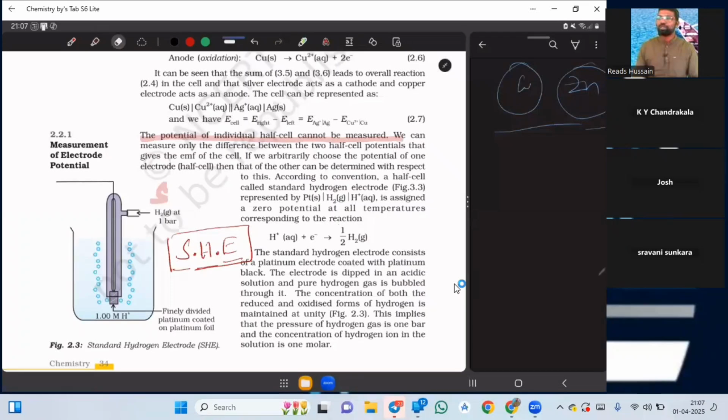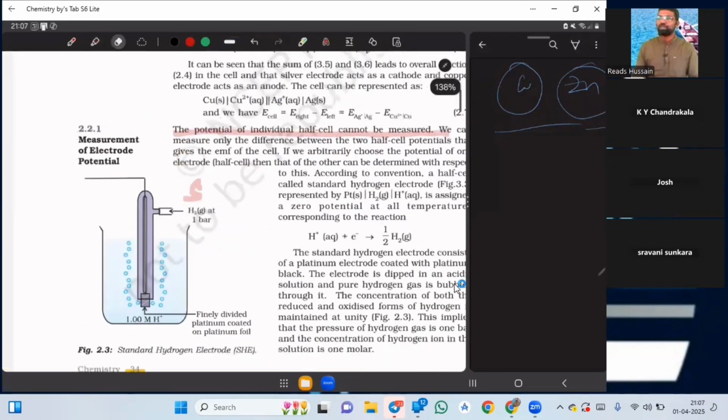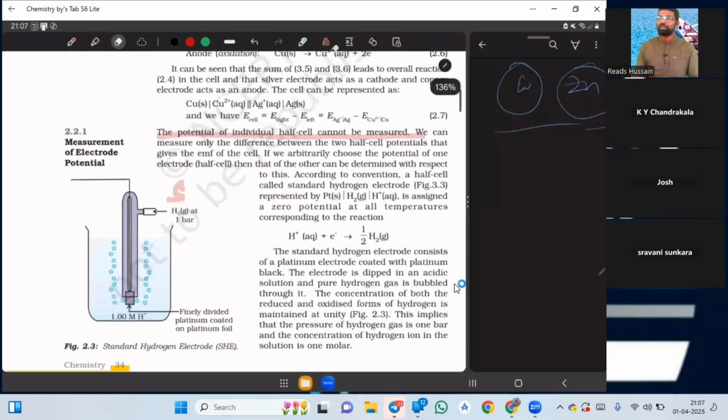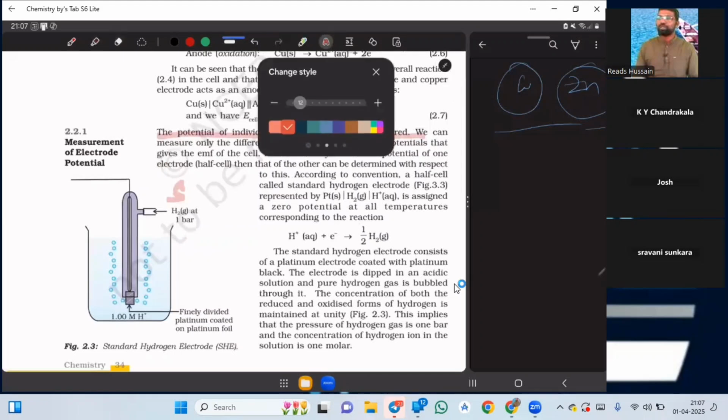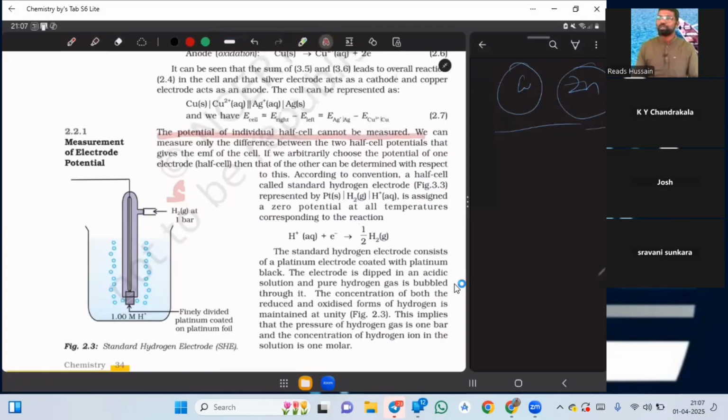Here I have shown a small, simple diagram of the standard hydrogen electrode, and quickly I will explain its function. Within some 3 or 4 minutes, see here, this is the standard hydrogen electrode.